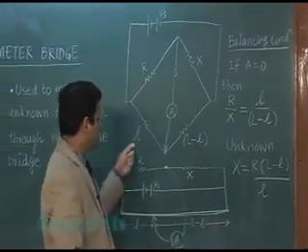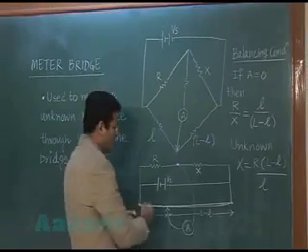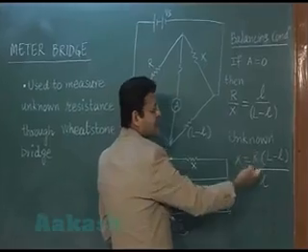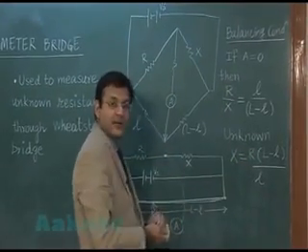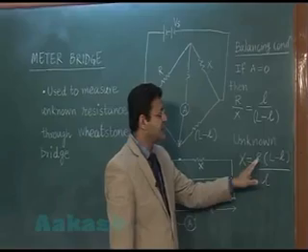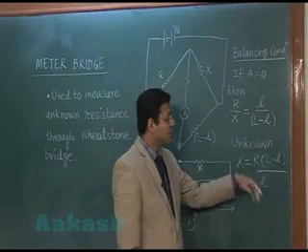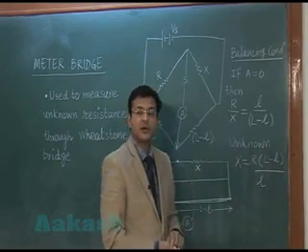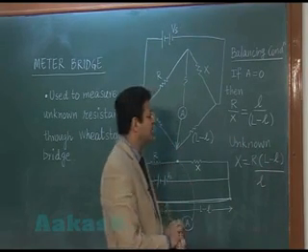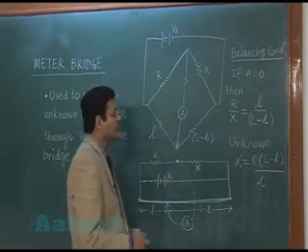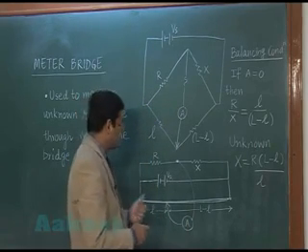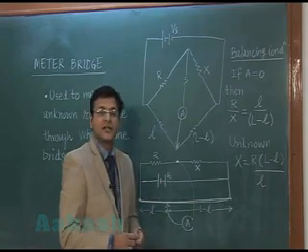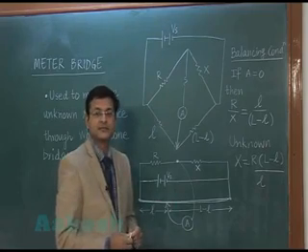If you know the value of this resistance and you have found the balancing point, then the value of the unknown resistance can be calculated from this formula. You substitute the value of known resistance R, the balancing length found, subtract it from the total length and substitute here, and that will give you the value of the unknown resistance. So that is another application of potentiometer, popularly known as meter bridge. Why meter bridge? Because generally we keep this length to be 1 meter, and the purpose of this device is to calculate the unknown resistance.